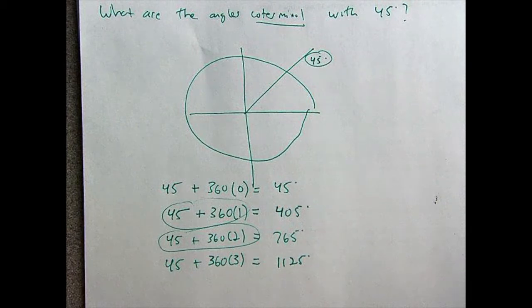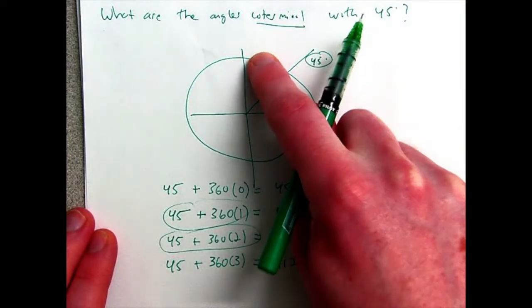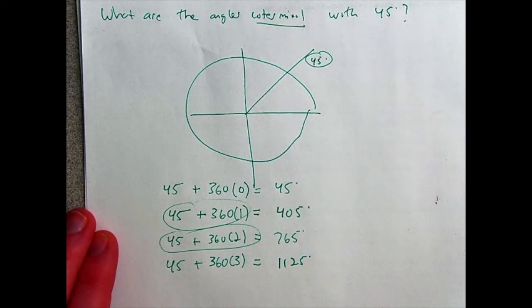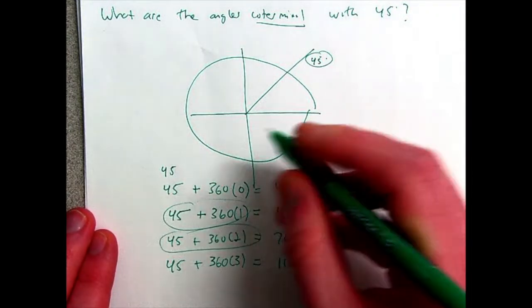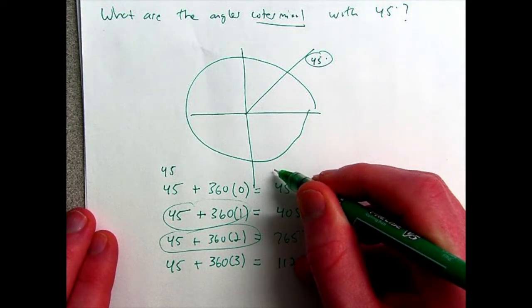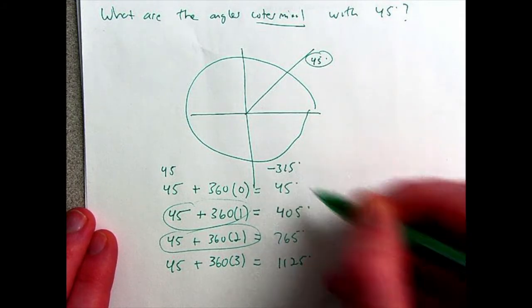Now, you might remember that you are also allowed to subtract full rotations, right? You're allowed to subtract 360 degrees from your initial angle, and that will produce also coterminal angles, right? Like if I take 45 degrees and I subtract 360, that would give me negative 315, I think, right? How would I write that?